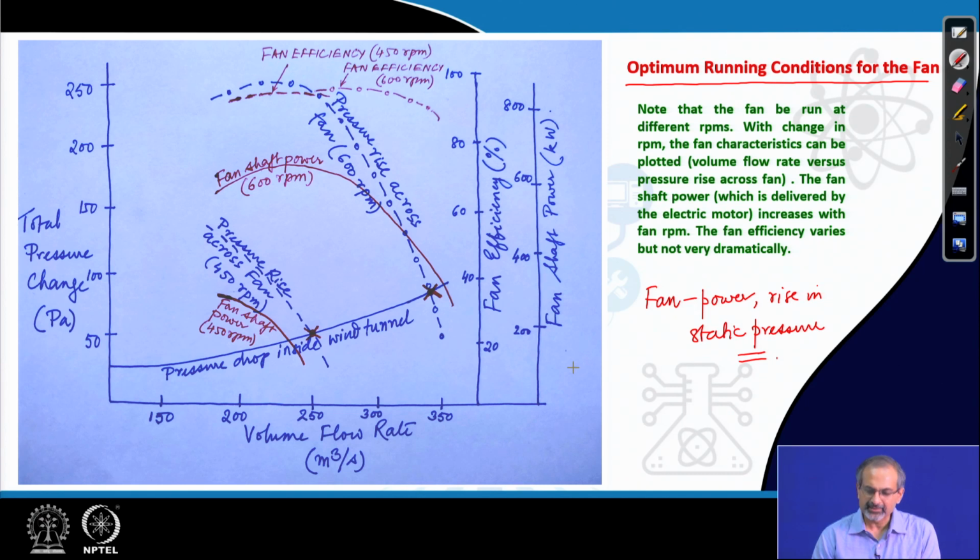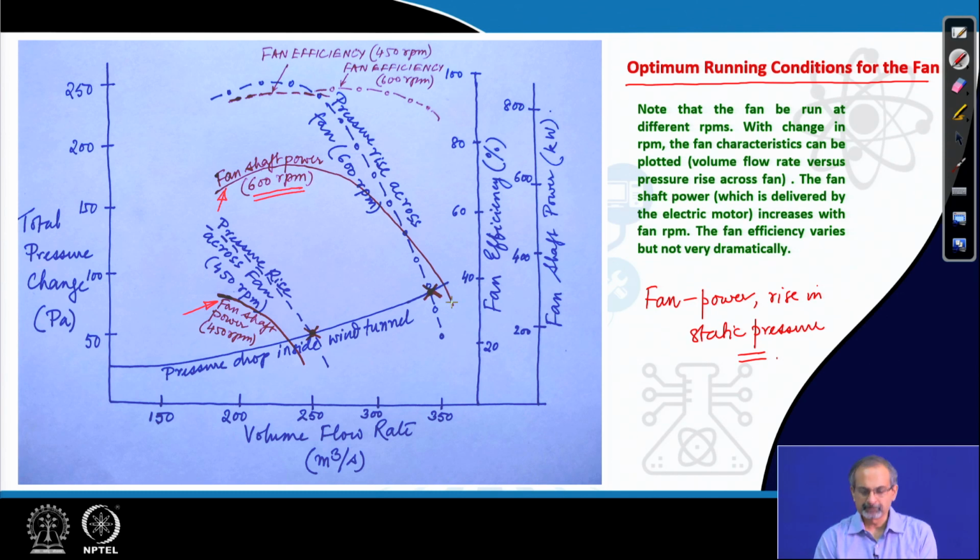If you look at the fan's characteristic, then what we have to keep in mind is that the fan can operate at different RPMs. For example, this is a fan characteristic given by the red line, which is for a 600 RPM case. Again, this is another characteristic when it is running at 400 RPM. So, these curves are actually representative of the fan shaft power. That means, how much power has to be provided to the fan to make it operate at 600 RPM.